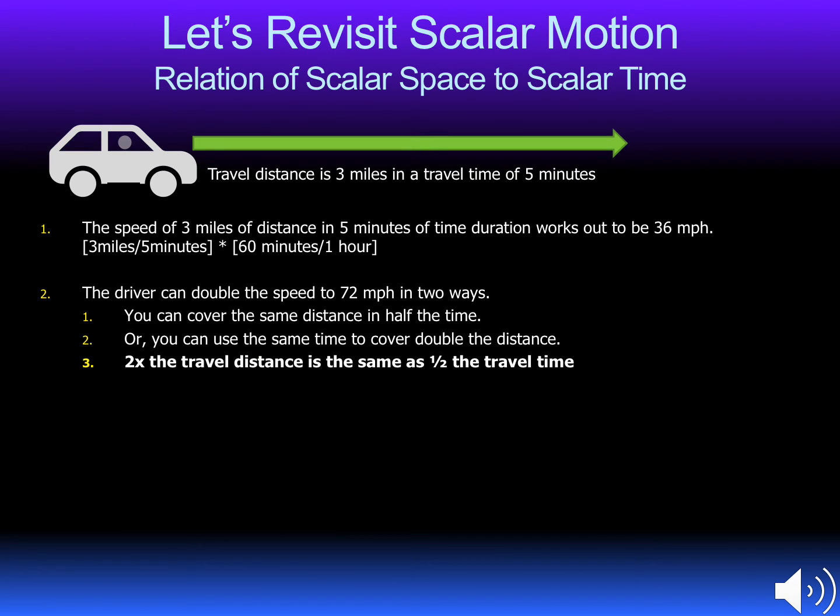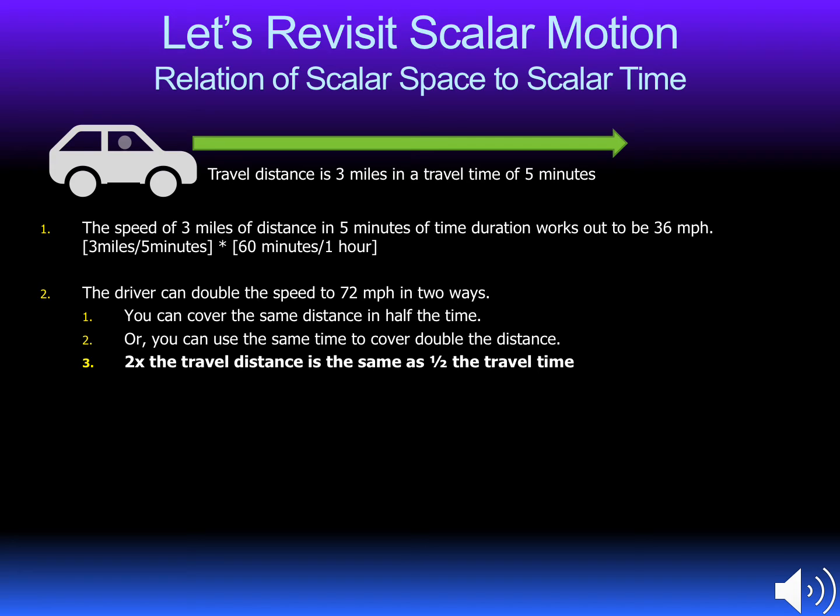Let's revisit the relation of scalar space to scalar time. And in the Matrix of Time, we'd gone through this example where we had a driver who's traveling a distance of 3 miles in a travel time of 5 minutes. So the speed of 3 miles distance in 5 minutes works out to be 36 miles per hour.